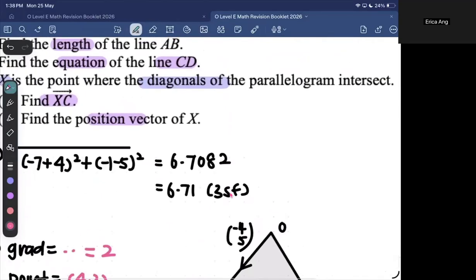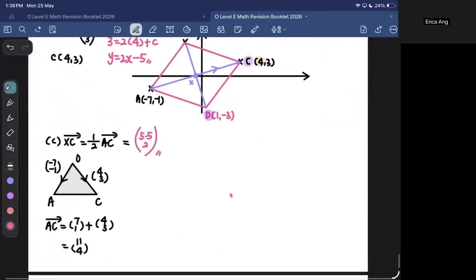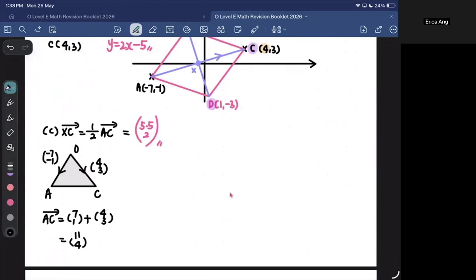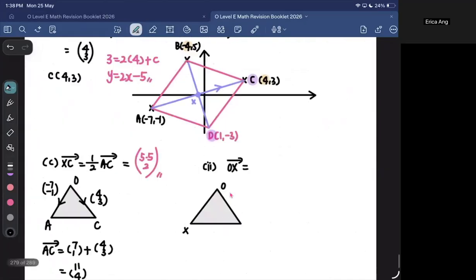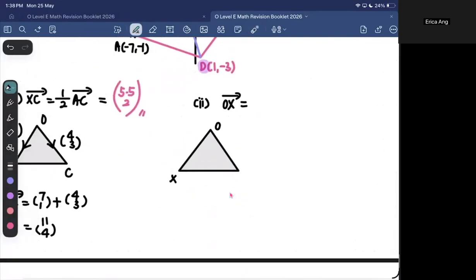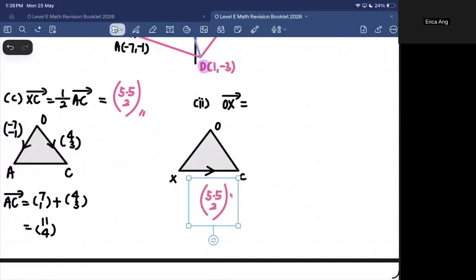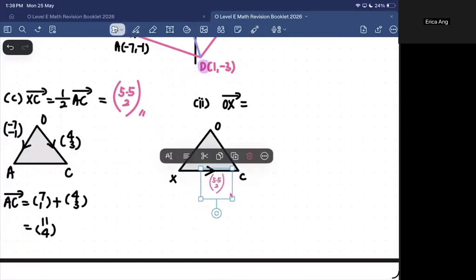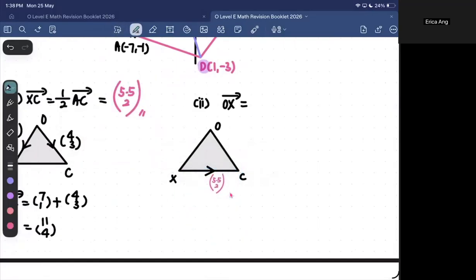What's a position vector? Position vector is OX. So you draw another triangle. Remember you want OX. You have O, you have X. Use XC, which is this one. Then you got OX.